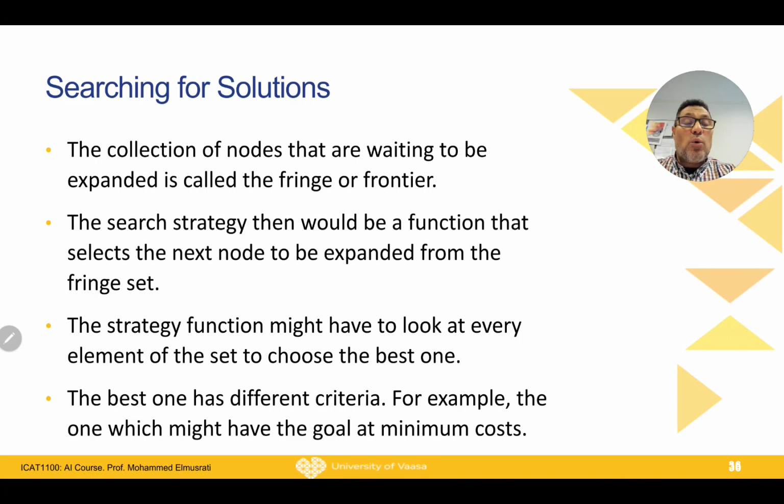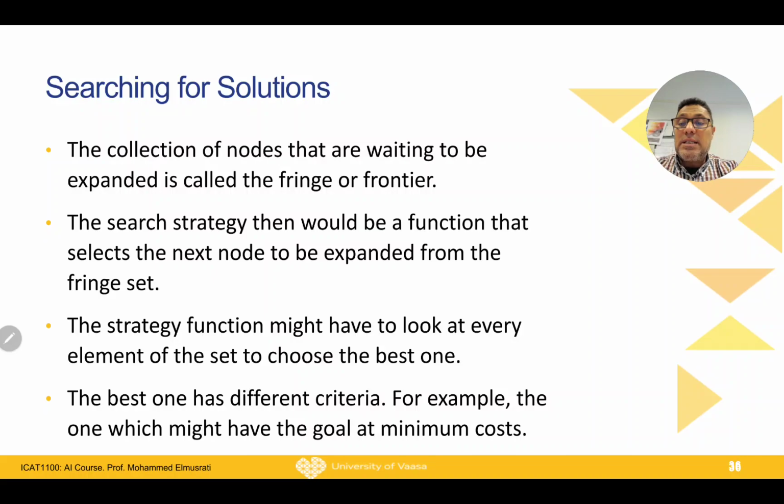And now which one should we expand, which one can wait? This actually depends on the procedure of the searching algorithm.